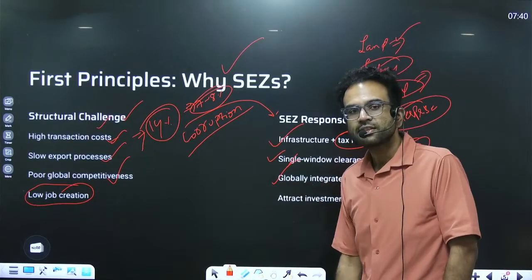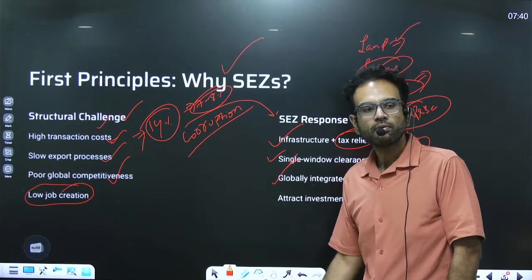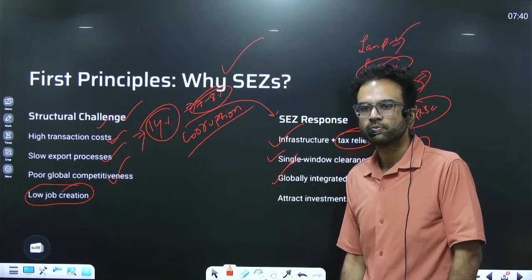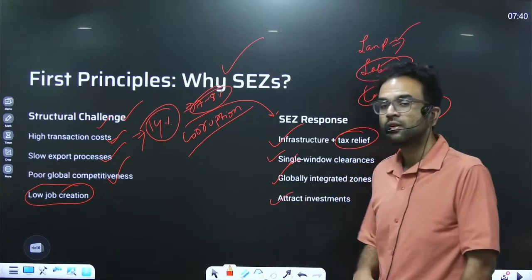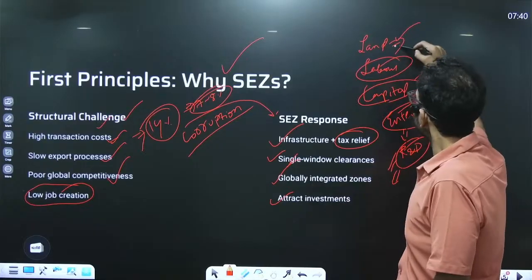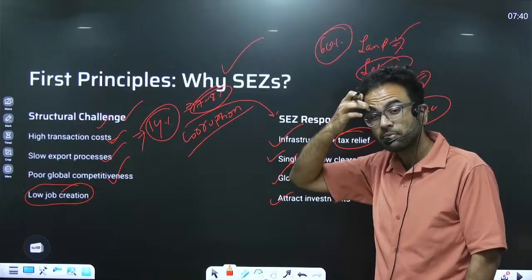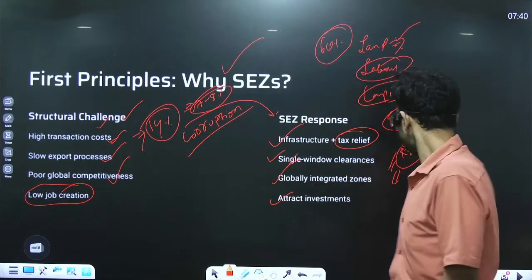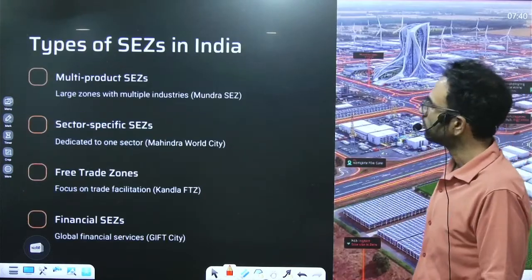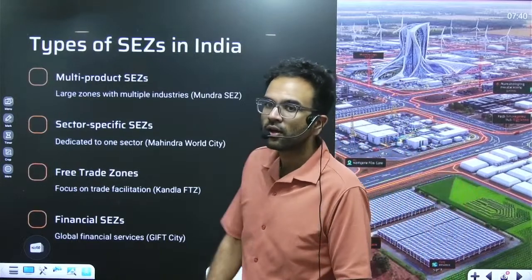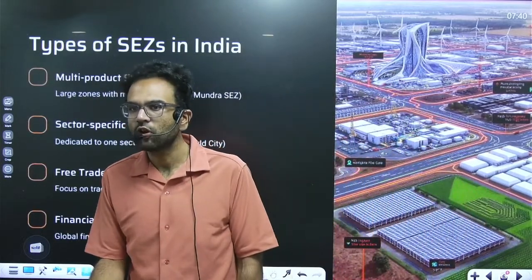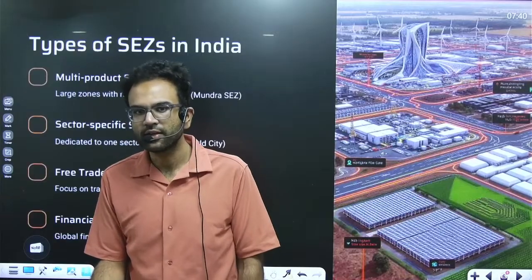We thought that special economic zones will solve the problem of low job creation by attracting a lot of investments. Having said that, the reality is 60% of the SEZs are lying unutilized. Something must have gone wrong. Let's see. But before that, you should definitely understand why special economic zones didn't work out.